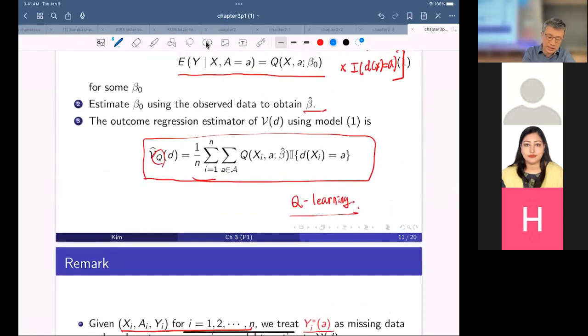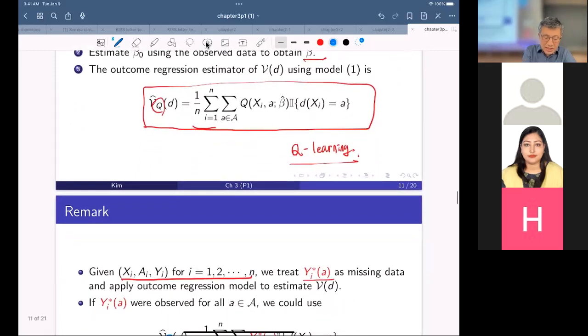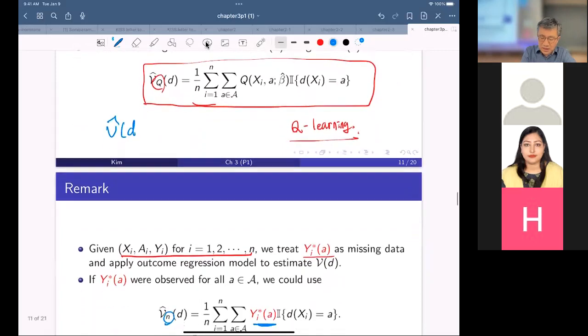So basically your estimator here is the same thing. The same question is you're actually asking: your tau hat depends on beta hat, which is an estimated nuisance parameter.